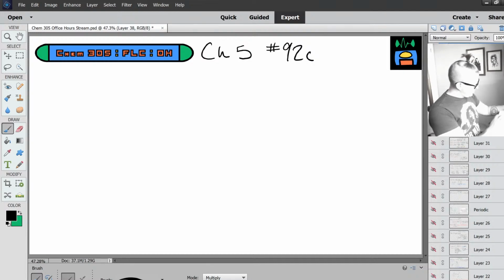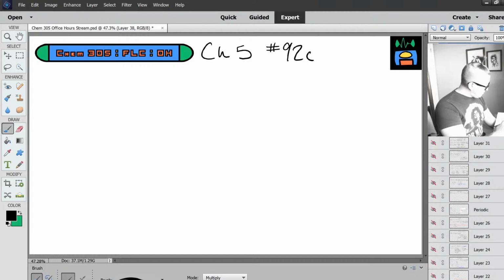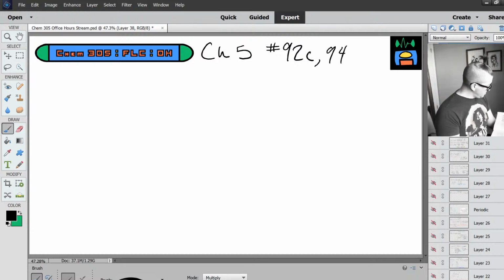All right, name the following binary molecule. Okay, cool. So we have to name and then also 94C.